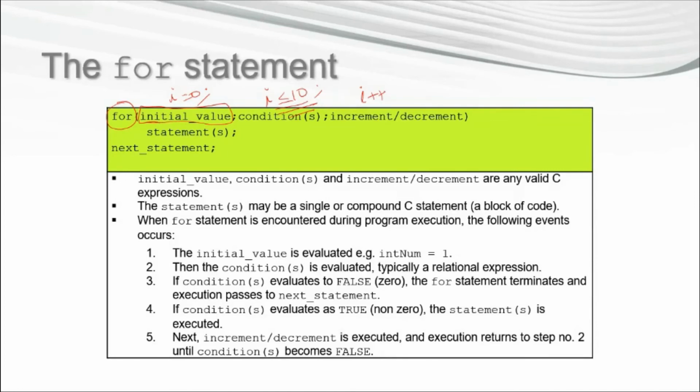But the difficulty is that if the condition is not proper, if it is not a well-defined condition, the loop may execute an infinite number of times. That is, it won't terminate.